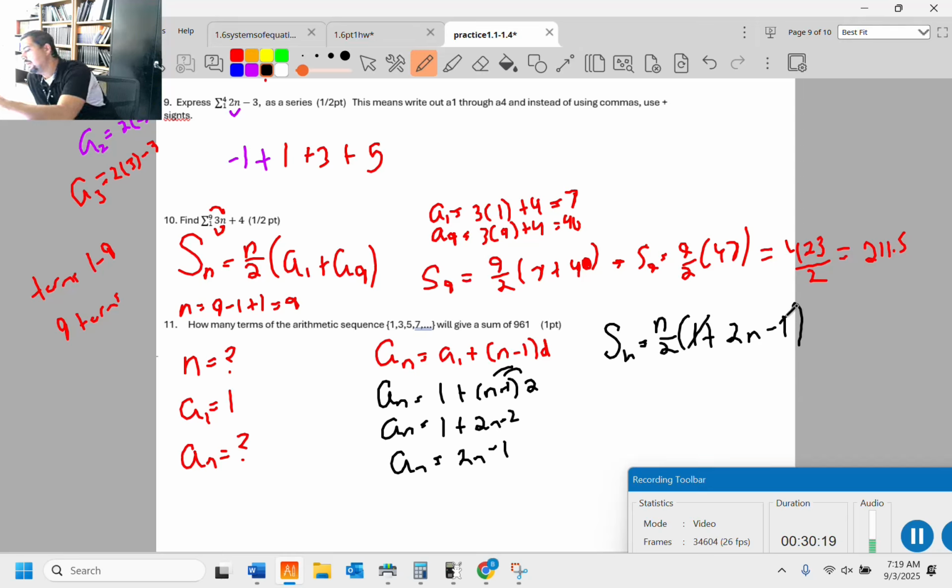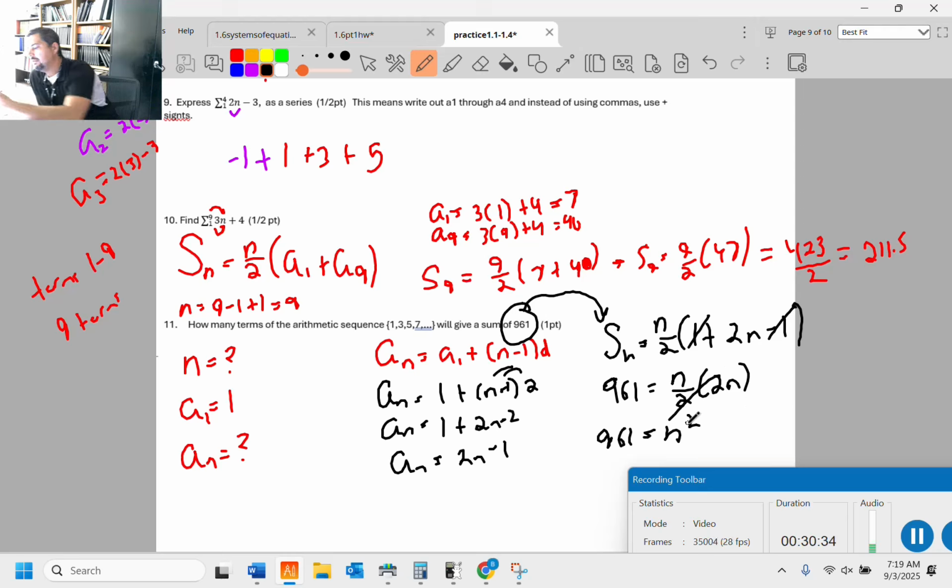Of course, the 1's cancel. The sum is actually known to be 961, and it would equal n over 2 times 2n. 2's cancel. 961 equals n squared, which means n is the square root of 961.